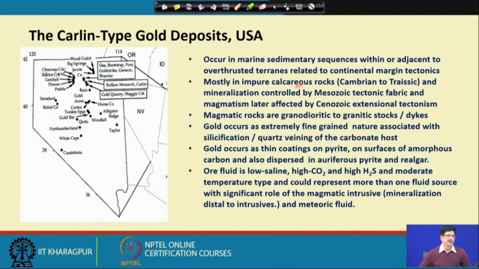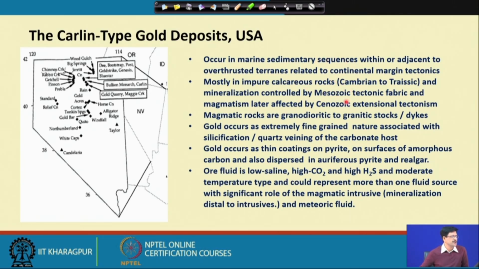After the deposition of these Paleozoic sedimentary sequences, they were subjected to a compressive regime, and they were intricately thrusted during the Mesozoic tectonism, and they acquired a very intricate Mesozoic tectonic fabric. Essentially the sequence is a marine sedimentary sequence consisting of argillaceous and calcareous rocks.